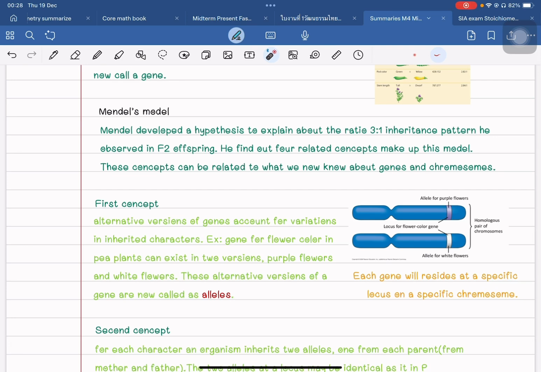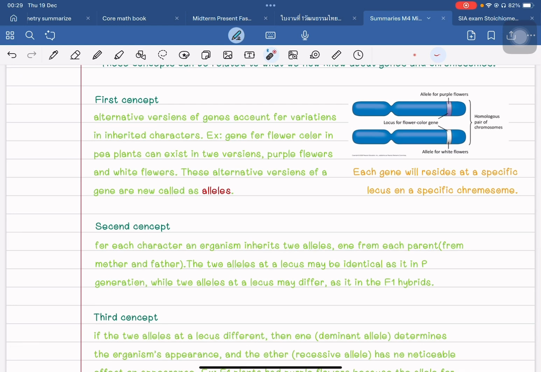For example, genes for flower color in the pea plant can exist in two versions, purple flower and white flower. These alternative versions of genes are now called alleles. Each allele resides at a specific locus on a specific chromosome. They have a specific place to stay.